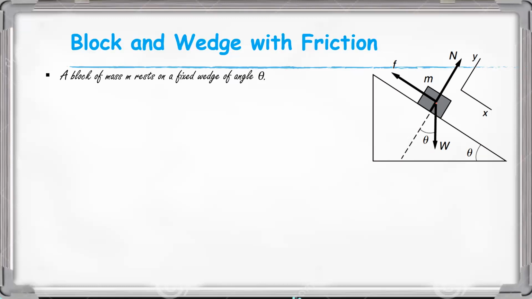So the weight of the block acting downward is represented as W, and that must be equal to the gravitational force, that is, small m into g. W is equal to mg.